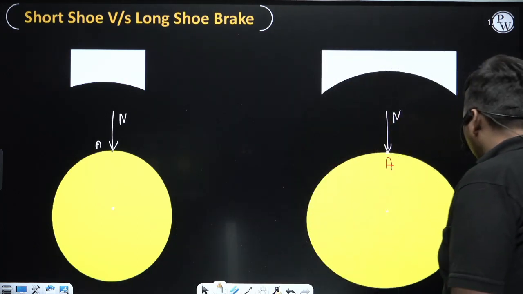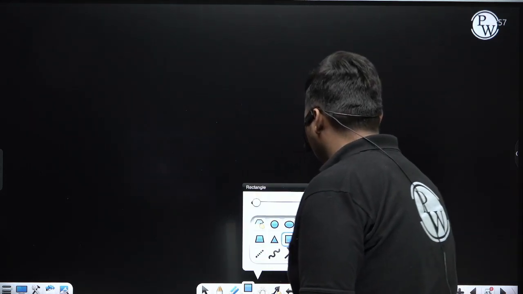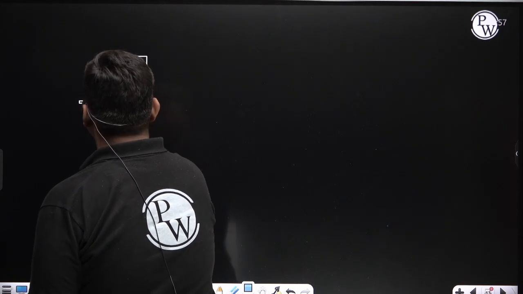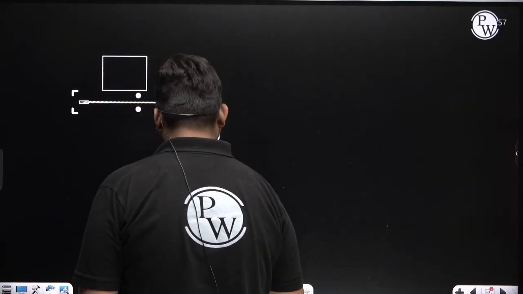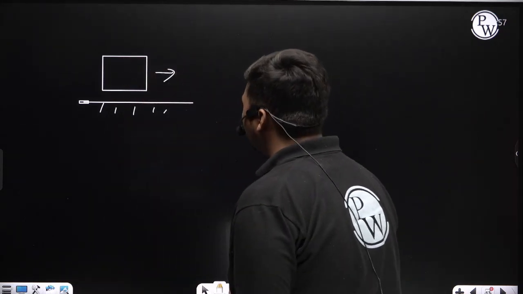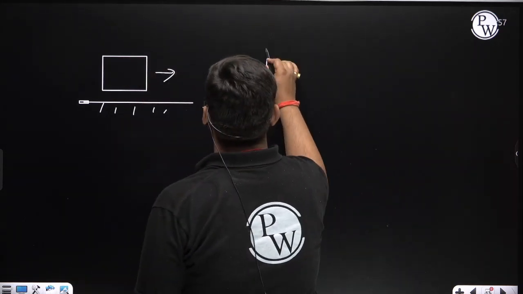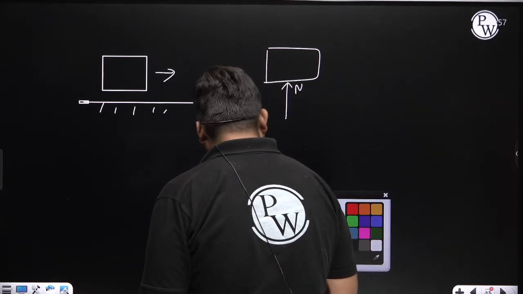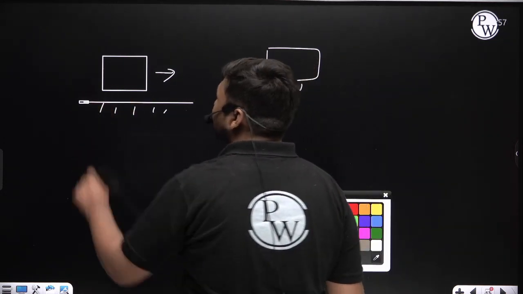In the concept of friction, I think you studied, suppose this surface is making contact with another surface, which is fixed, and the velocity of this block is in this direction. If we draw the FBD of this block, normal force N is coming on this side. This is a flat surface and here the pressure distribution is uniform.